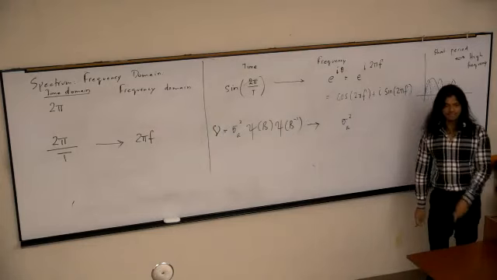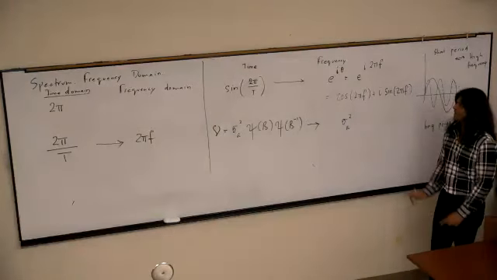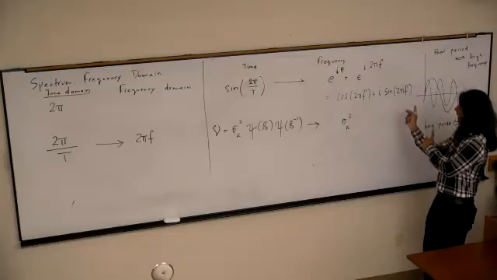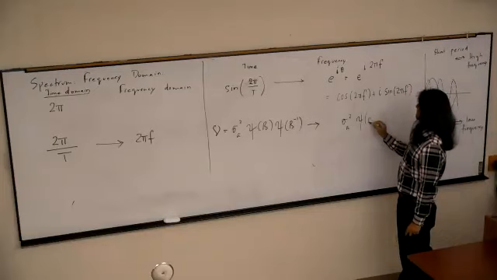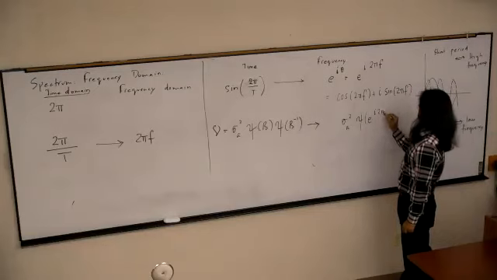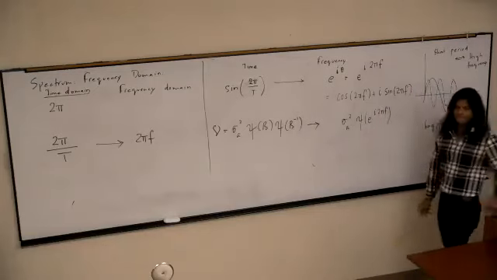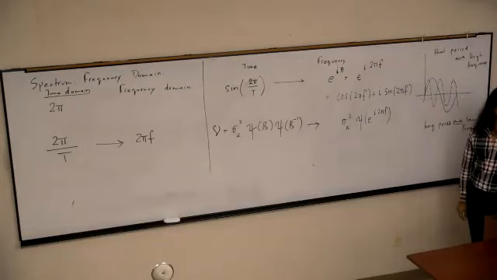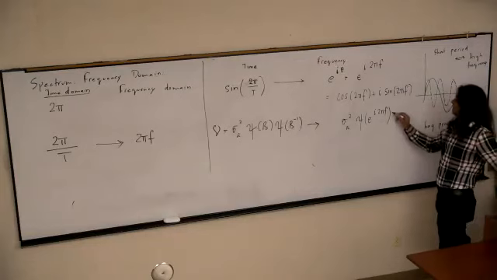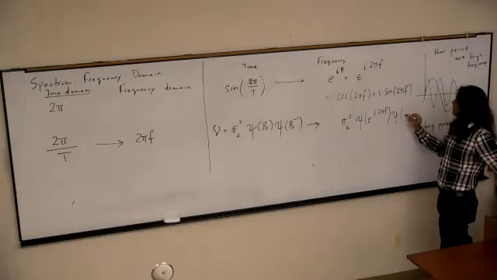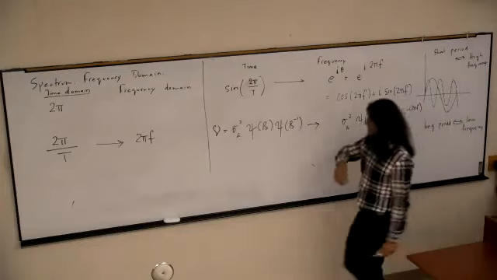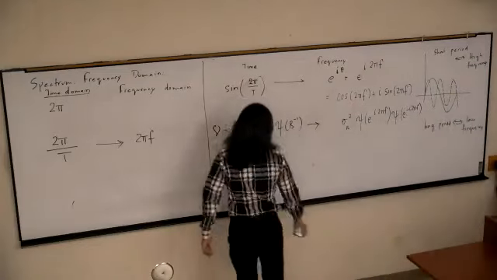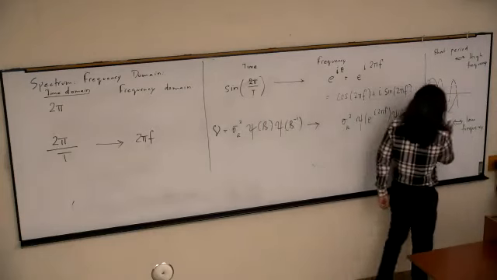I'll still have that constant sigma squared A. Time there changed to frequency here. So e raised i 2 pi f, times psi of e raised negative i 2 pi f.